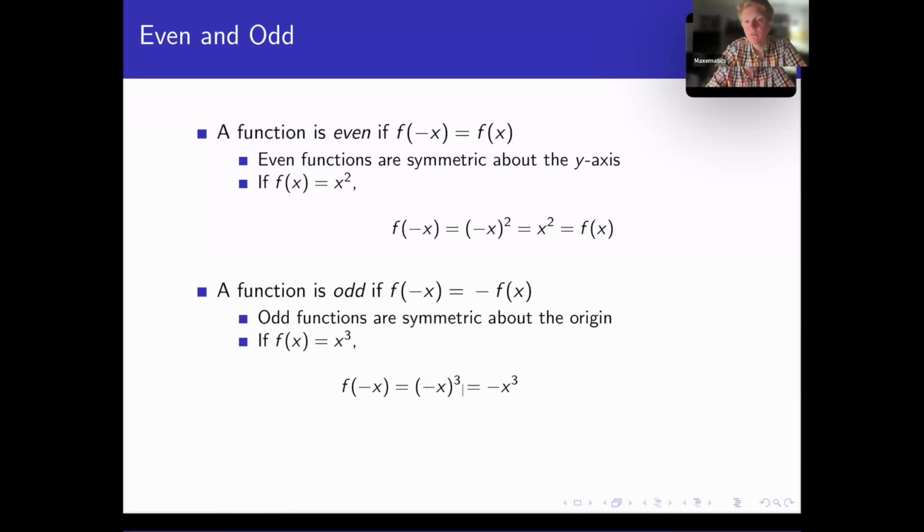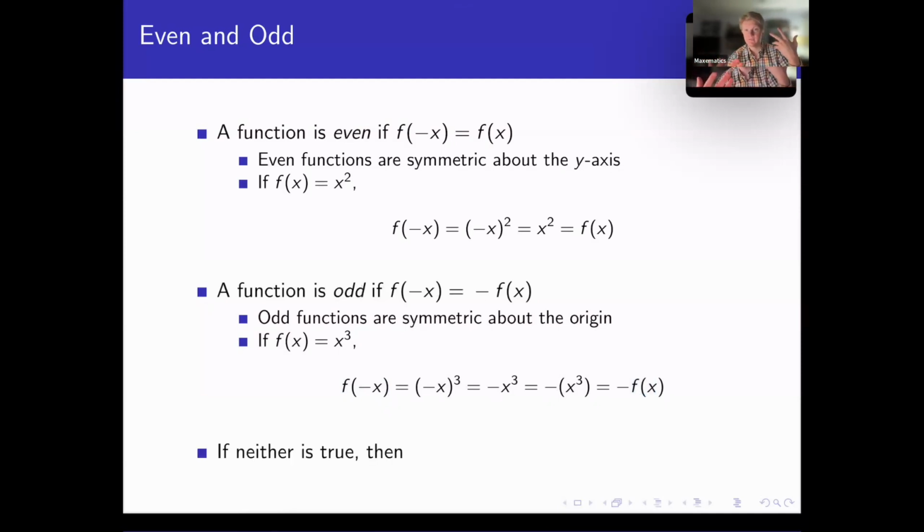Okay, well, if we regroup this to say negative x cubed, well, x cubed is the original function. So this would be negative f of x. F of negative x equals negative f of x. This is symmetric about the origin, but we also call it odd.